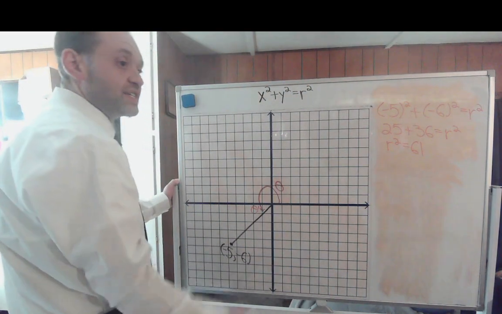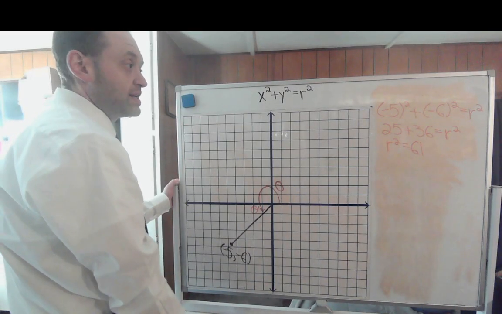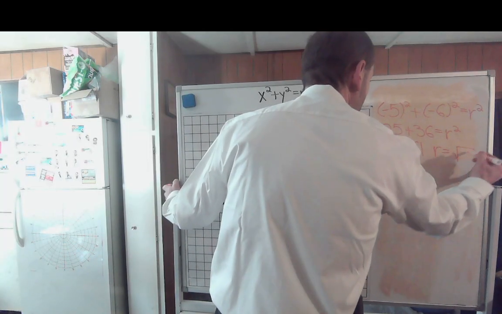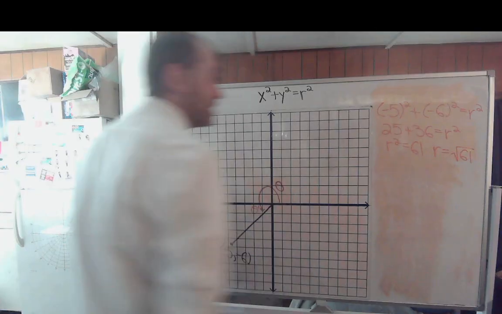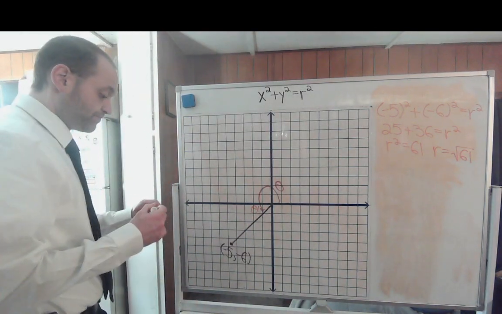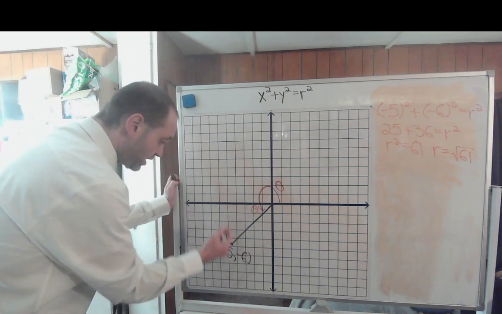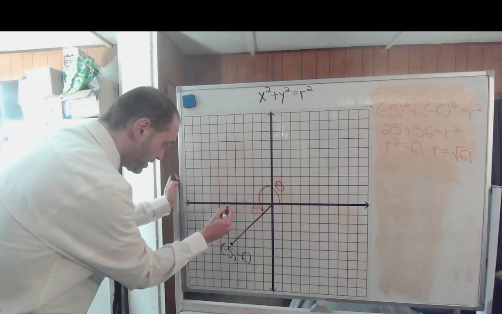Unfortunately, 61 is not an even root, and it doesn't break down any further, so you're just going to get a radius of the square root of 61. So that one's not so nice. But now that we know our radius, we can draw ourselves a right triangle from the axis to the endpoint.